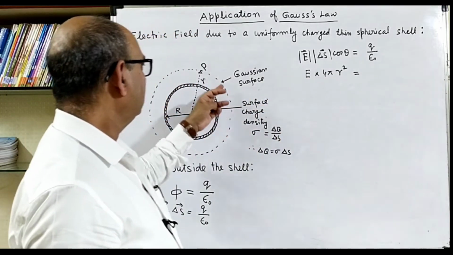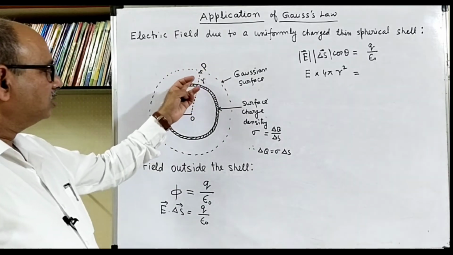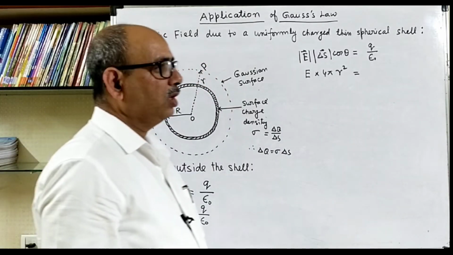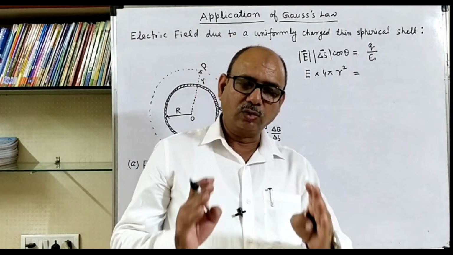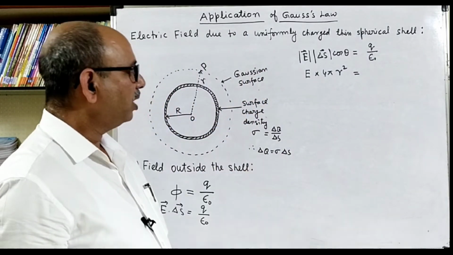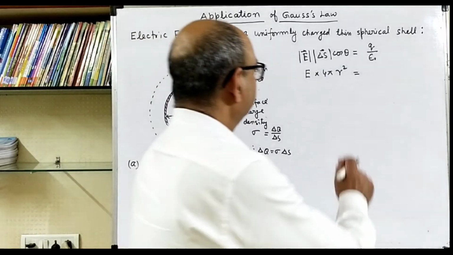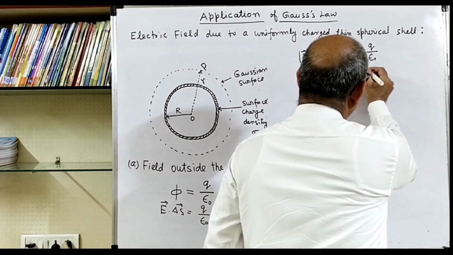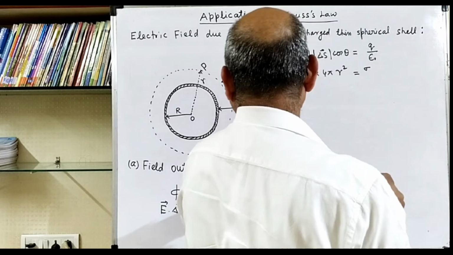Therefore, we will consider the total area. Q is the total charge enclosed inside the Gaussian surface, which will be equal to sigma times delta S.